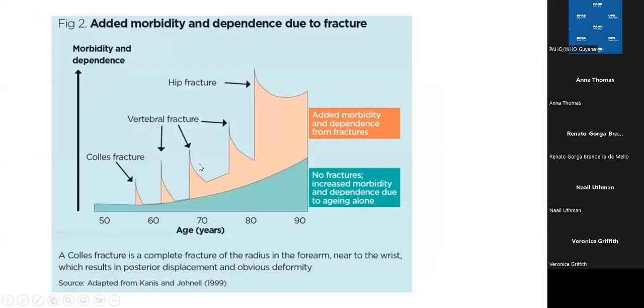We have to address falls risk in order to avoid fractures, because fractures add morbidity and dependence, as we can see here.